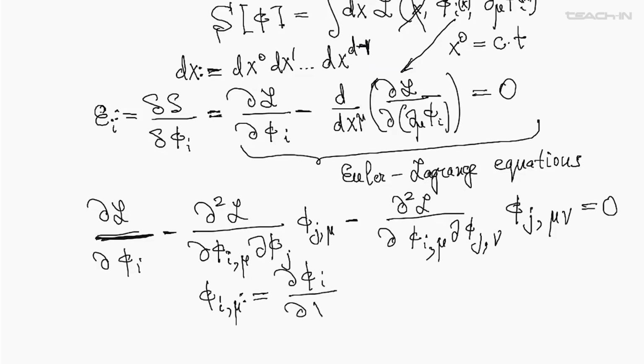This is how these equations are written in full glory. Here you see the second derivative of phi with respect to x mu and x nu. This is how the Euler-Lagrange equations look.